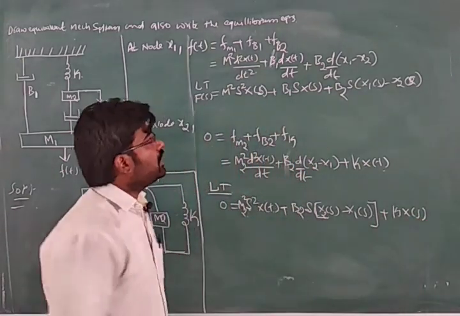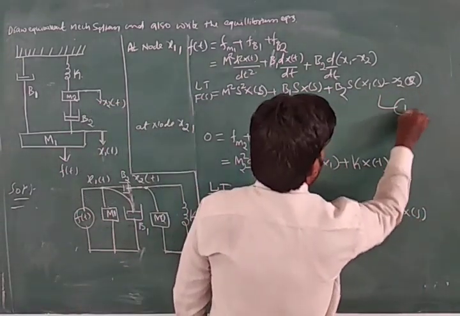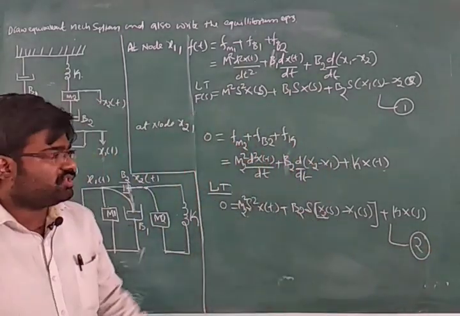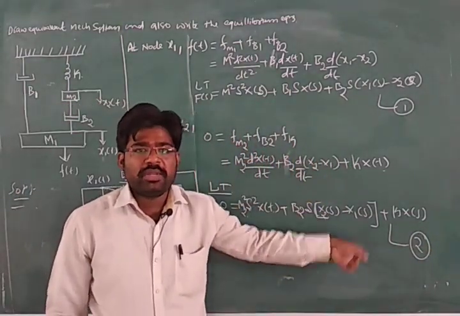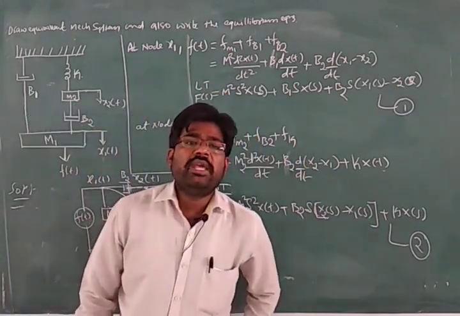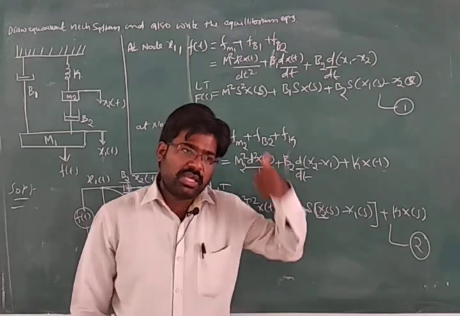So these, equation 1 and equation 2, are the equilibrium equations. Equations 1 and 2 represent the equilibrium equations of the given problem. In this way we have to write the equilibrium equations for the given problem.